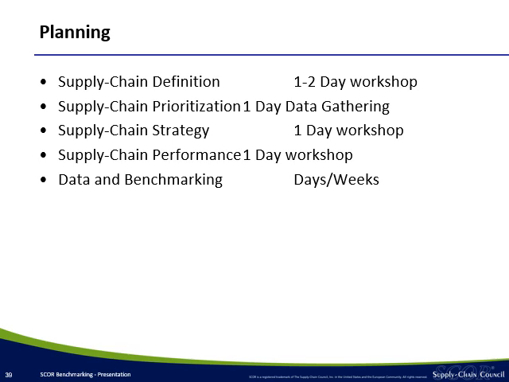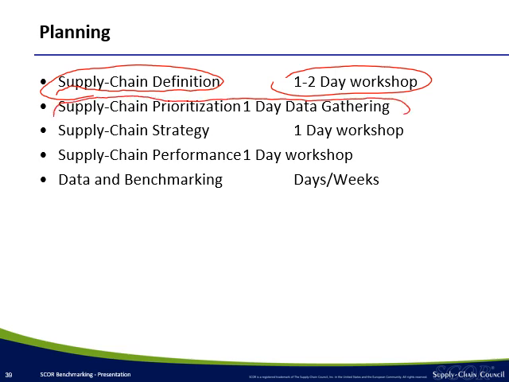Finally, to give you an estimation of how long that project takes. If you have a look at the case of definition of the supply chain, it takes 1 to 2 days. If you recall, we have 7 steps. The first step is to have a definition of what are the different supply chains that we have. The second step is to give a priority for each of them.